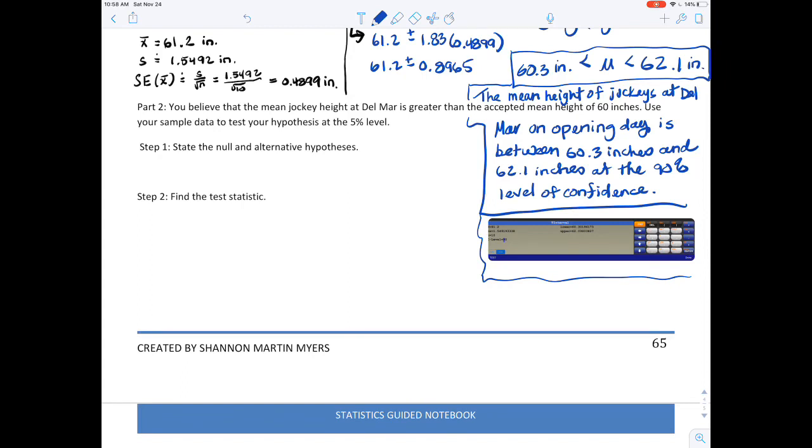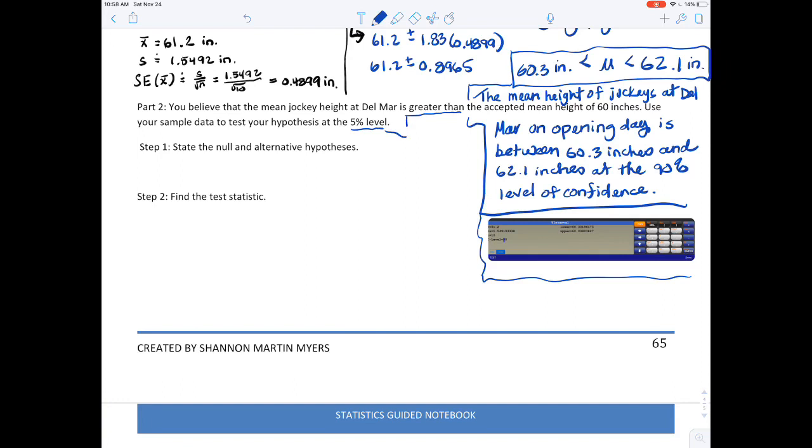So let's see what part 2 asks us to do. You believe that the mean jockey height at Del Mar is greater than the accepted mean height of 60 inches. Use your sample data to test your hypothesis at the 5% level. Oh, so it's a greater than statement, right, at the 5% level.